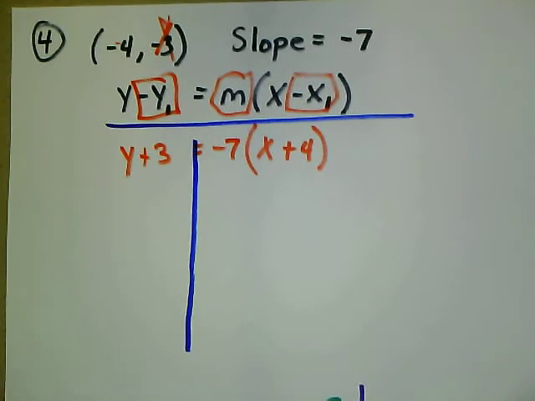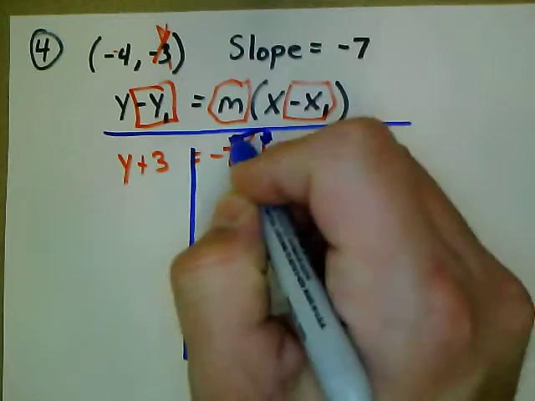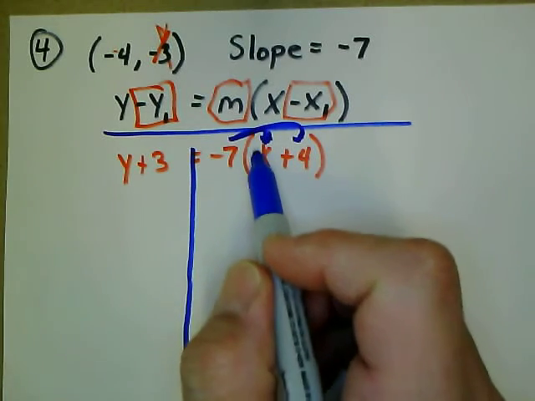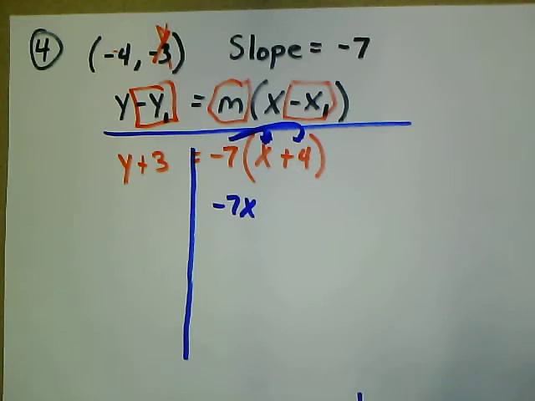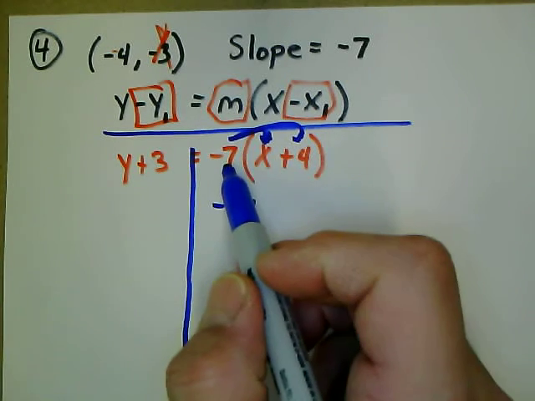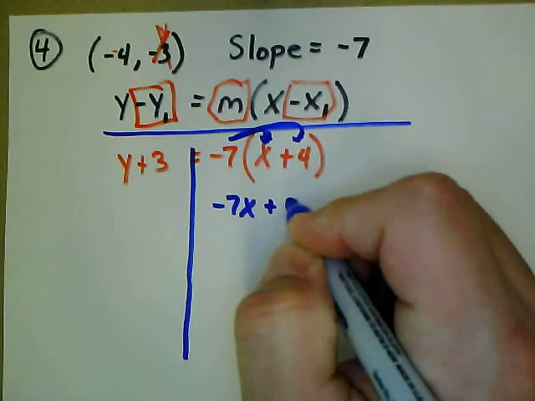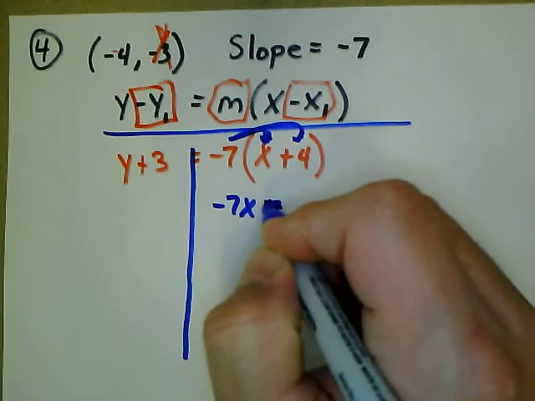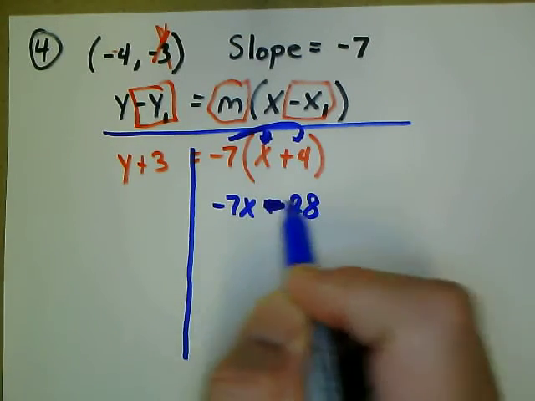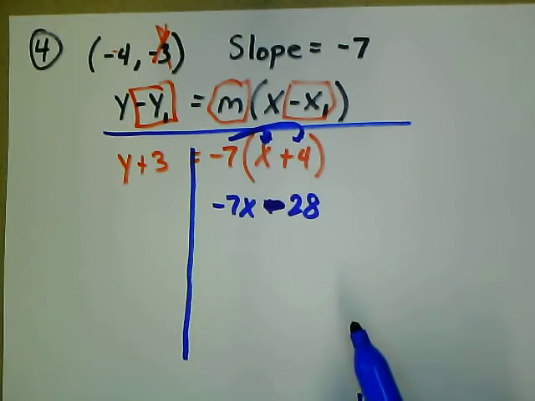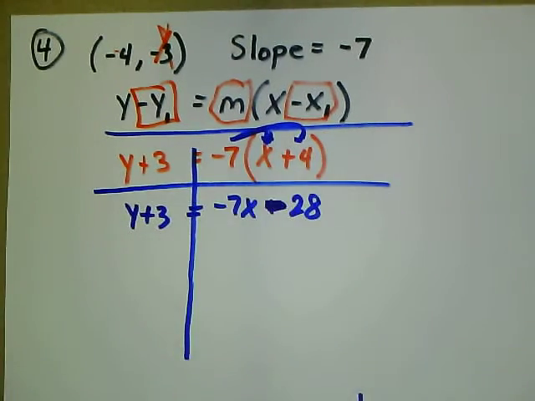There's really only 2 steps in this equation. We have to do the distribute. Guys, there's a 1 in front of it, so it's just -7 times x is -7x. That's the easy one. This one's an easy one for your calculator. -7 times 4. Whoops, should be -28. It's -28, guys. Sorry. And bring down that y plus 3 and the equal sign.